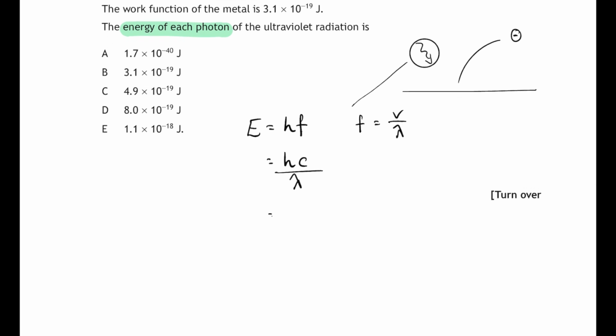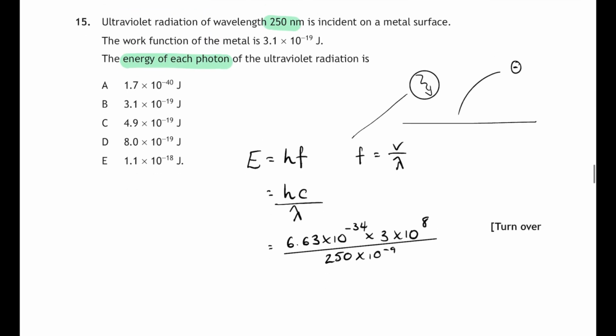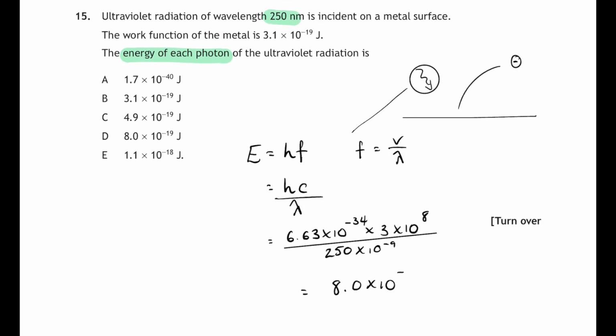And then substitute everything in. Planck's constant, 6.63 times 10 to the minus 34, times the speed of light, divided by the wavelength, 250 nanometers, gives us an answer of 8 times 10 to the minus 19 joules. That corresponds to answer D, that's 15D.